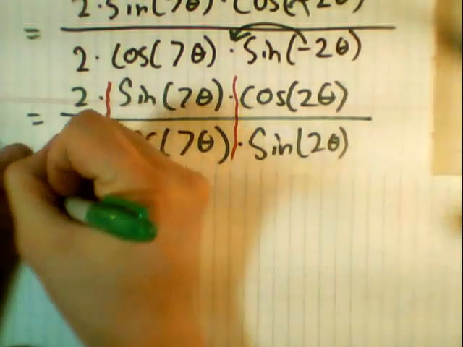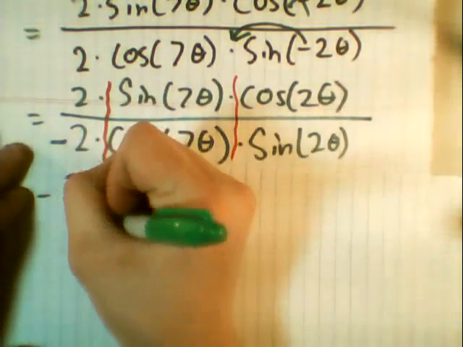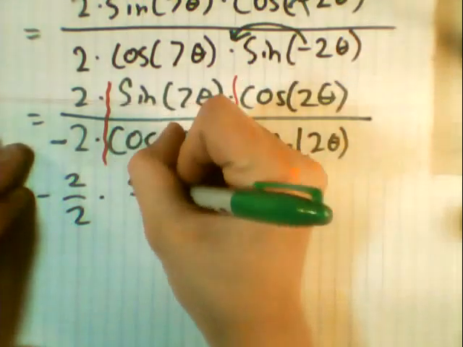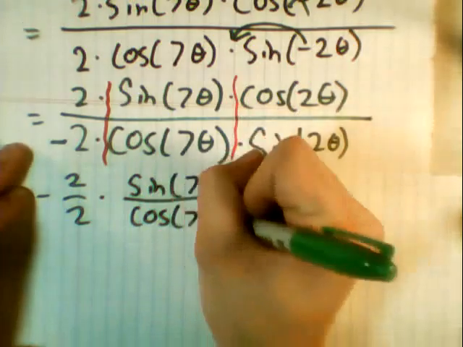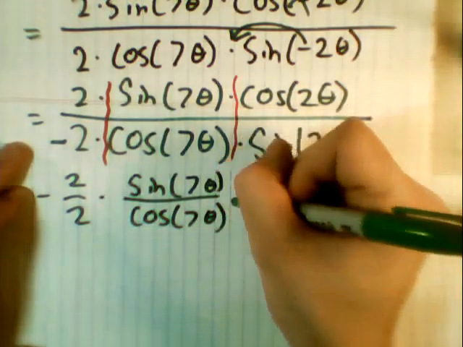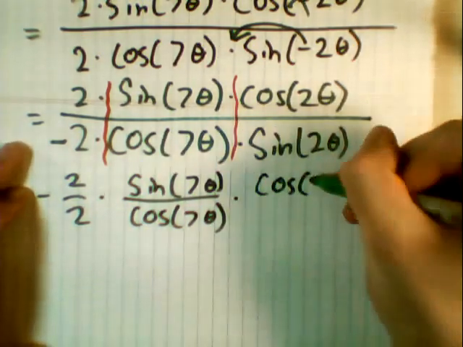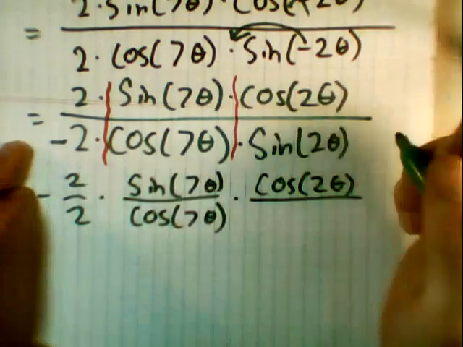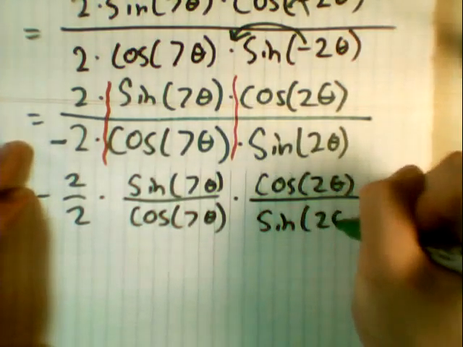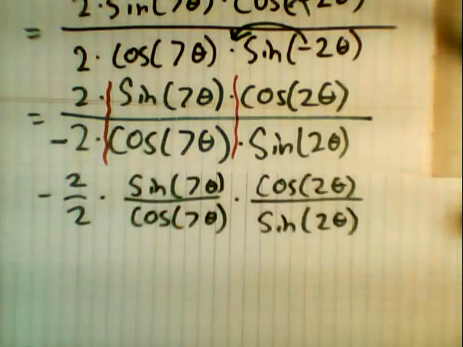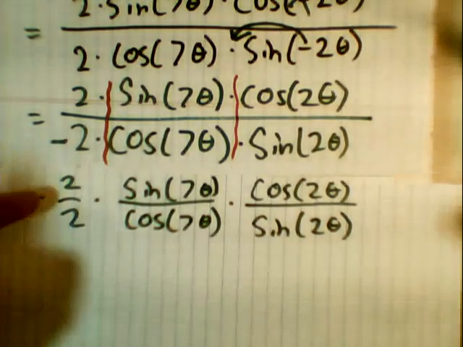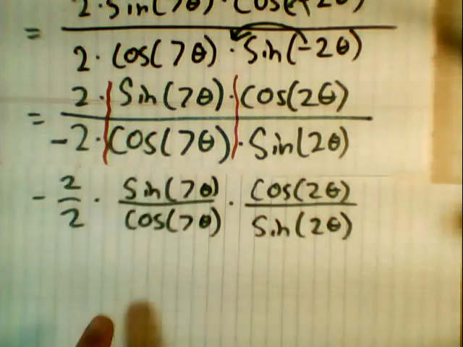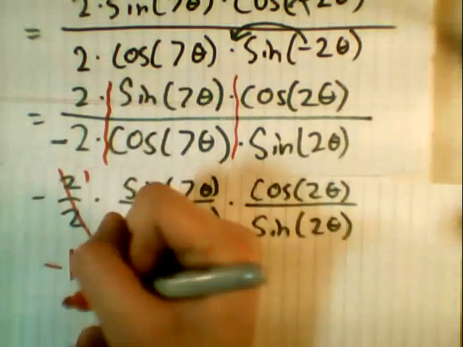So we have negative 2 over 2 times sine of 7 theta over cos of 7 theta times cos of 2 theta over sine of 2 theta. Let's first look at our 2's. 2 divided by 2 is 1. Then it's negative, so that's negative 1.